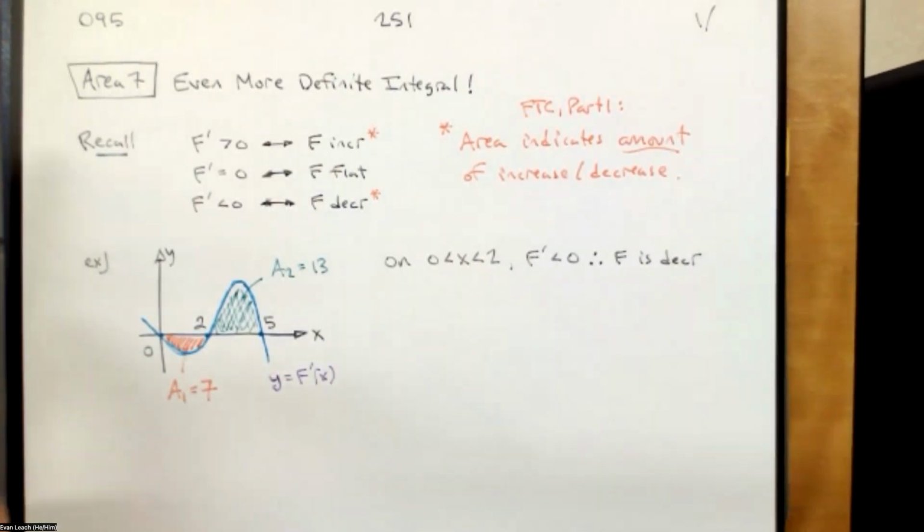Since the area between the x-axis and the function is 7, we now know that capital F decreases by 7.